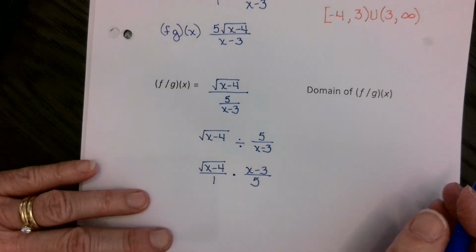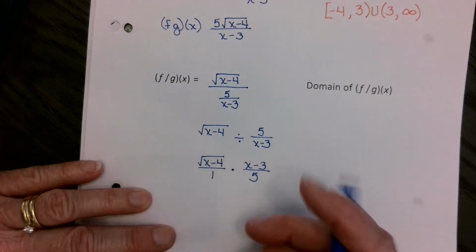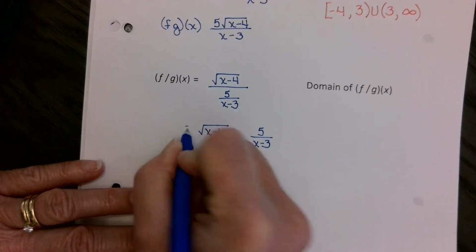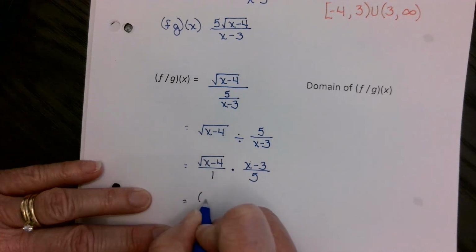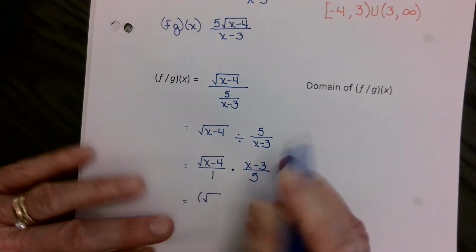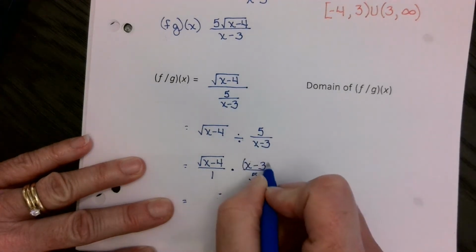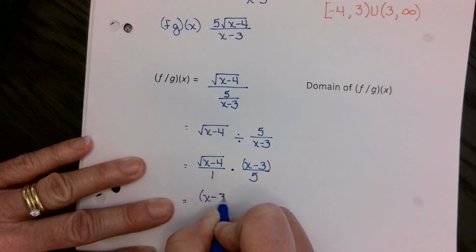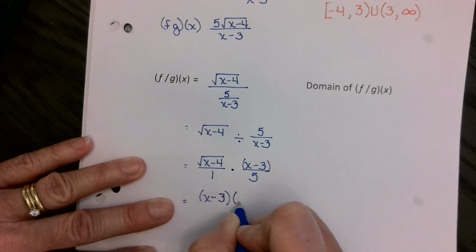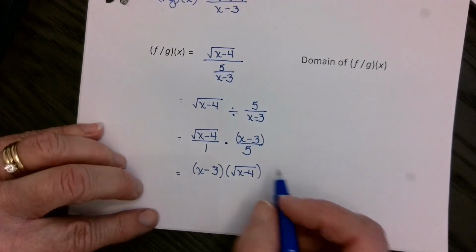Okay, so now all I have to do is clean this up and just put it over. So I'm going to have this square root. Actually, let's rewrite it like this. I'm going to put this first: x minus 3 times the square root of x minus 4. That really doesn't have to have parentheses around it.